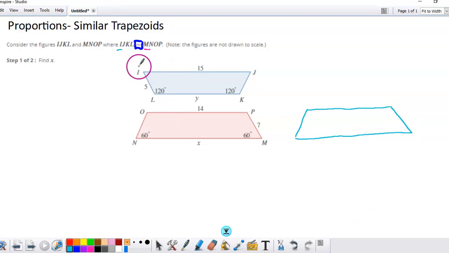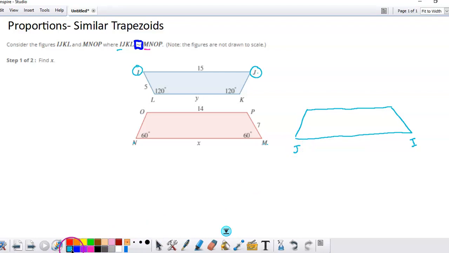So this is my I to J. I to J is the same as M to N. So I is in the same spot M was. That makes this I. And J is in the same spot N is. So I'm going to put my J here.